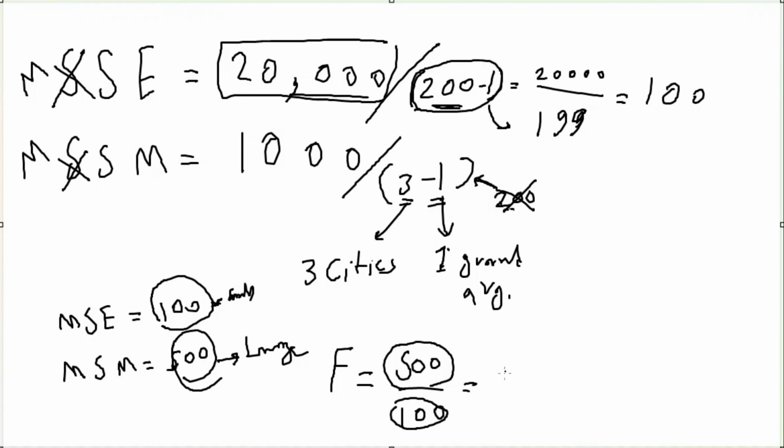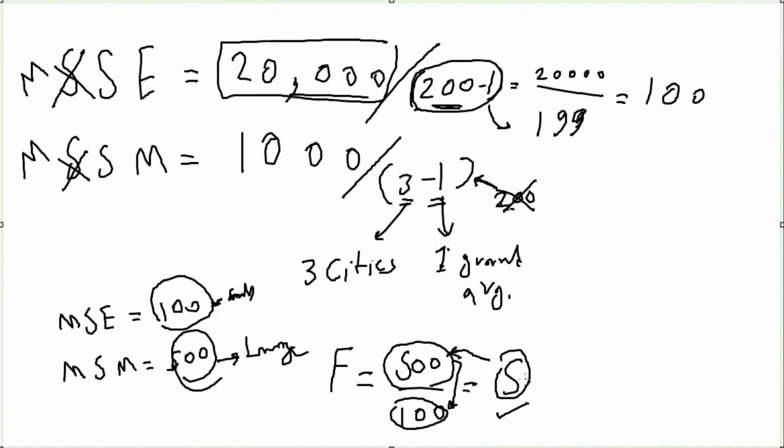So we want the whole result, which is 5, to be large because it is the division of the 500 over the 100. Large means that the numerator is large, and this is what we want.